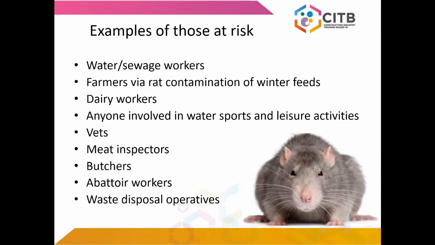Examples of those at risk: water or sewage workers, farmers by rat contamination of winter feeds, dairy workers, anyone involved in water sports and leisure activities, vets, meat inspectors, butchers, abattoir workers, or waste disposal operatives.